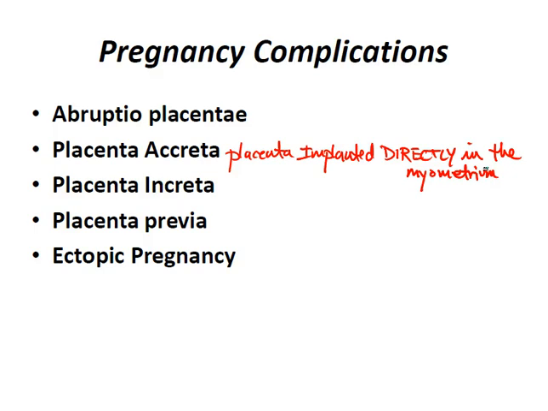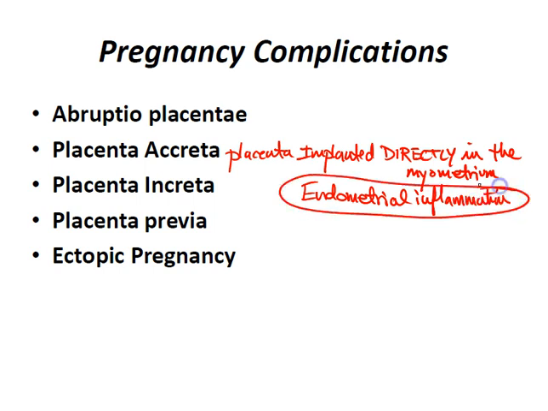So the risk factors for this guy include endometrial inflammation, that's the big one right there. Scarring, that's also a big one. Scarring from maybe a prior C-section is what I mean by that.